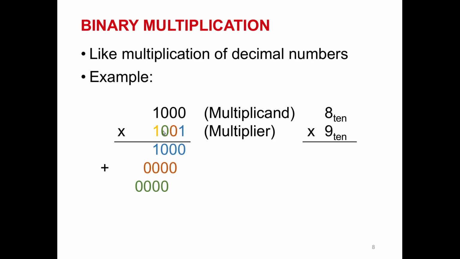The third bit, 0, multiplied with this gives all 0 and shifts one more time to the left. Finally this bit of 1 multiplied with 1000 is 1000, shifted one more bit to the left.